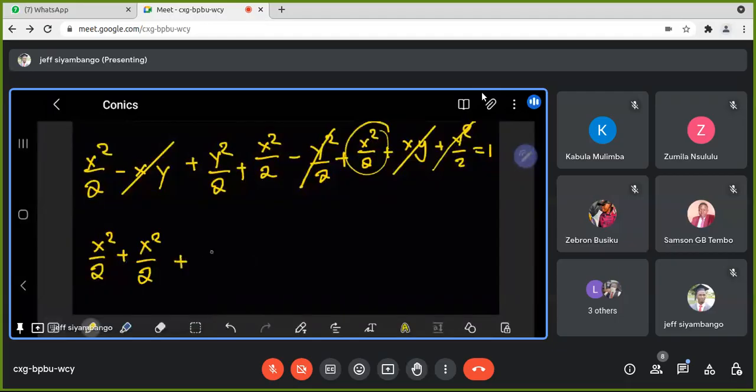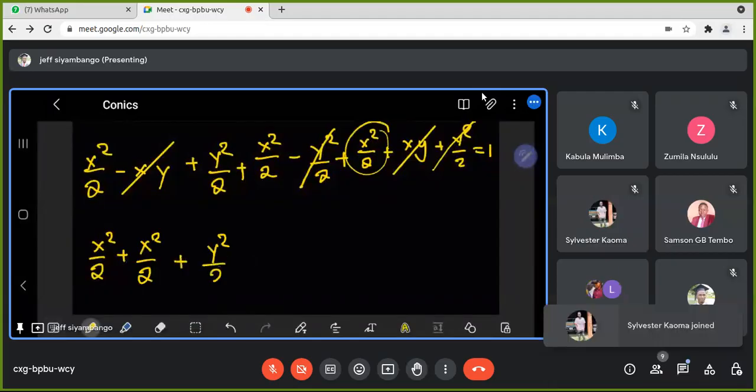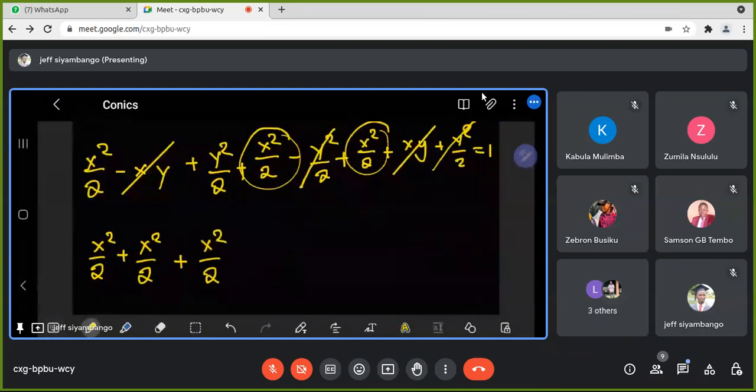Next, I'm seeing y squared over 2. Oh, there's another x squared. There's this one also, which is also x squared over 2. And that was the last one. So I have plus y squared over 2. This one, I think, was the last one there. So this equals 1.